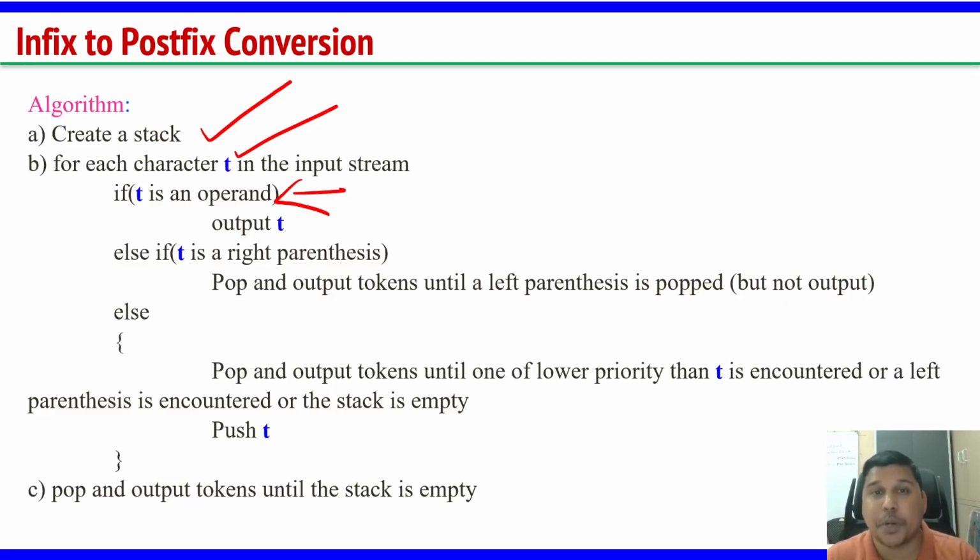Whichever has higher priority, you output it. Remaining all should be kept as they are. Once the iteration over the string is over, whatever elements are there in the stack, you pop them out and add them to the expression. So this is the algorithm for converting infix to postfix. We will see the implementation of this in the next session.